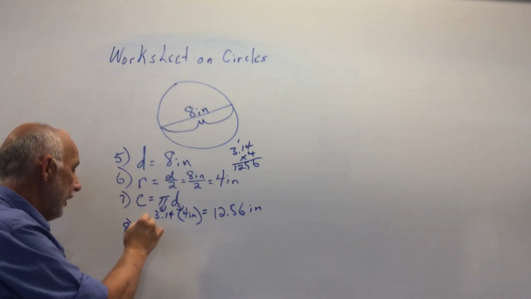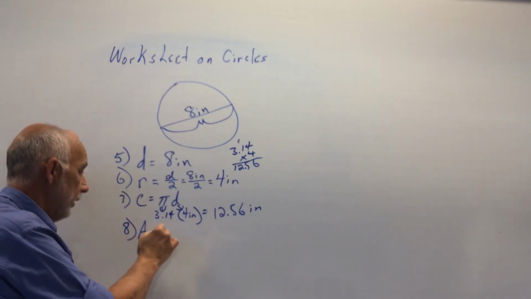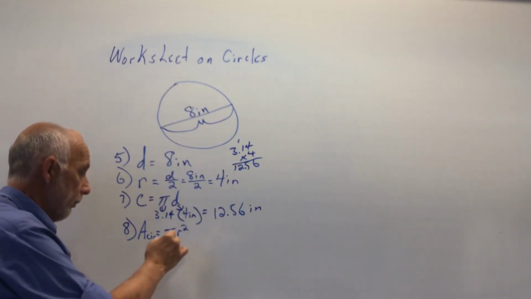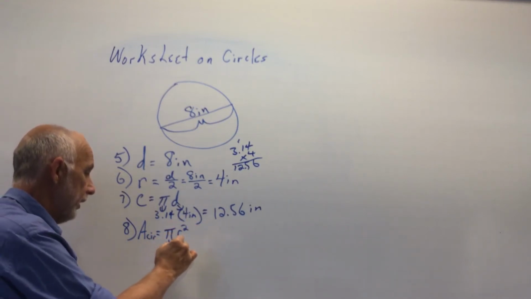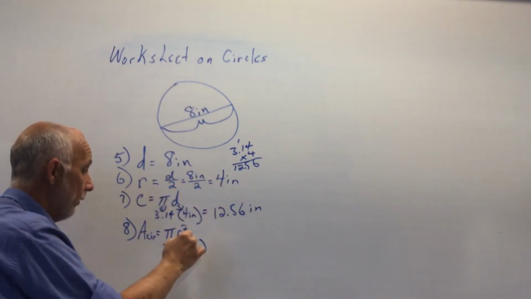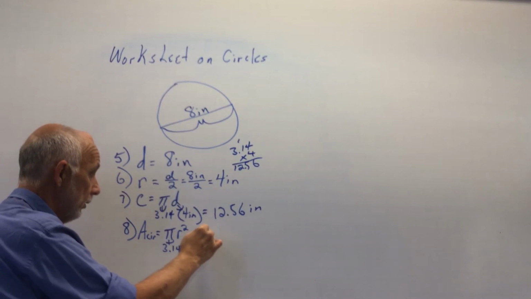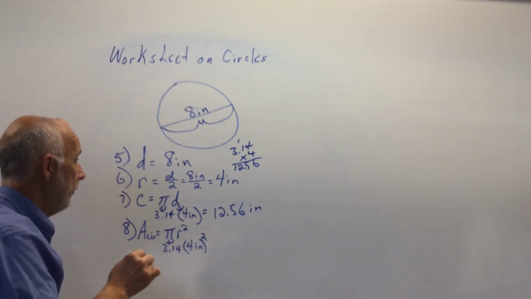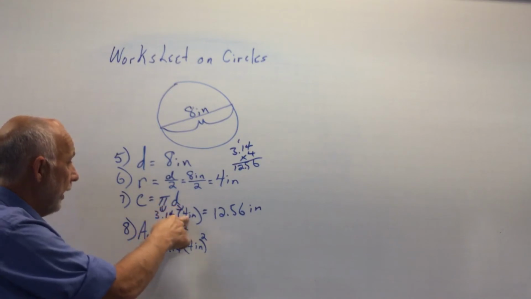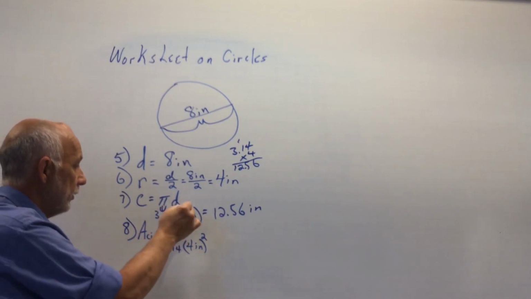And finally, area of a circle is equal to pi times the radius squared. Replace pi with 3.14. This time, replace the radius with 4 inches. I made a mistake up here. Yeah, I put 4 inches as the diameter. This was 8 inches.